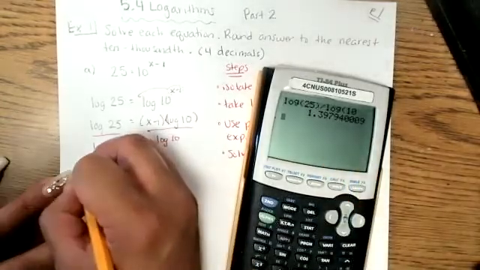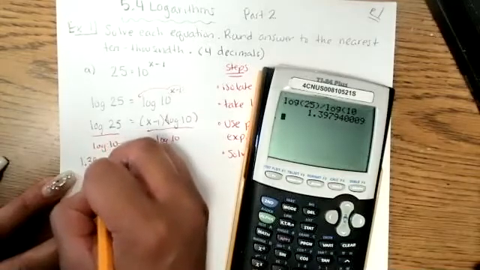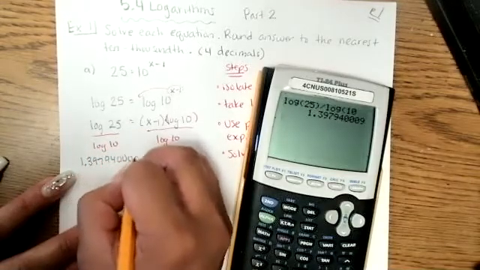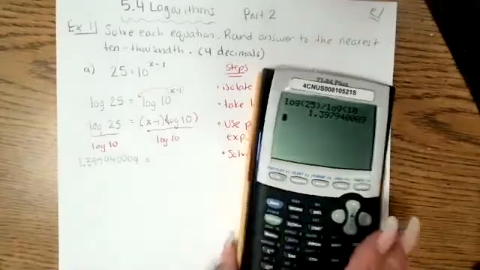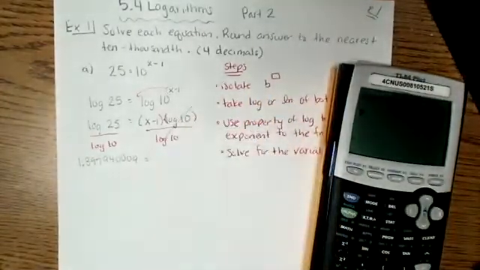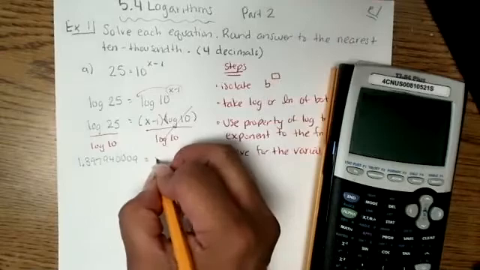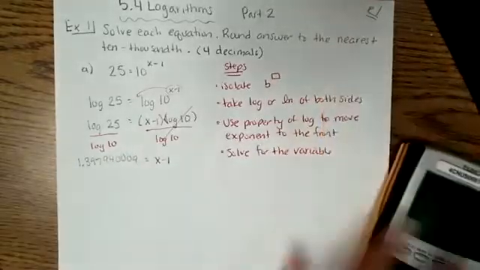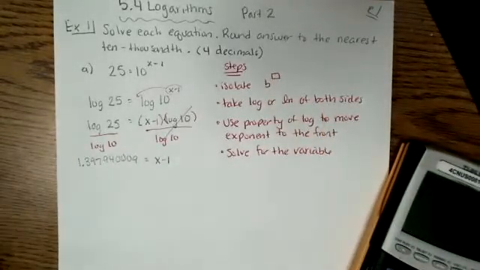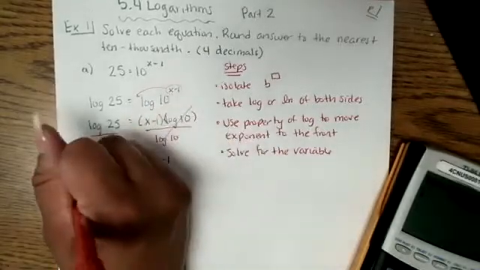So let's write it all down, 1.397940009. The log 10s cancel, and now I'm left with x minus 1. Keep in mind, you are still solving for the variable. So I'm going to go ahead and add 1 to both sides.